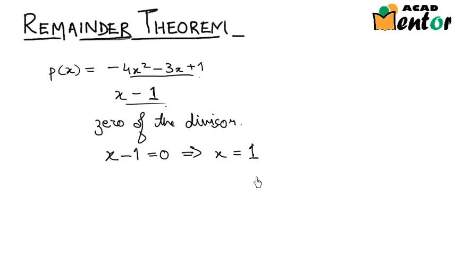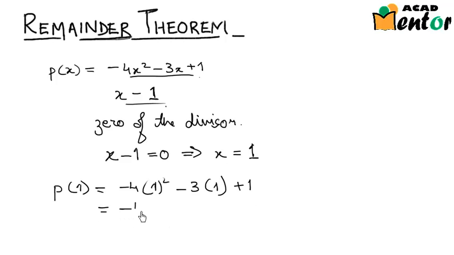Now the next step is to put this value of x that we got, the 0 of the divisor, in the polynomial that we have to divide, the dividend. So I would just find out p of 1. That would be equal to negative 4 times 1 square minus 3 times 1 plus 1.